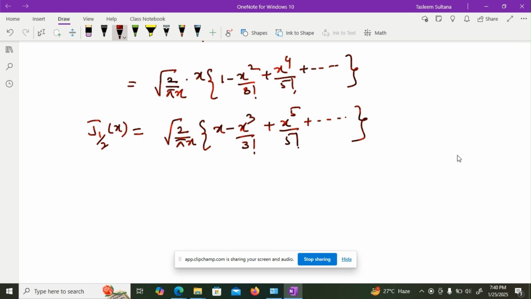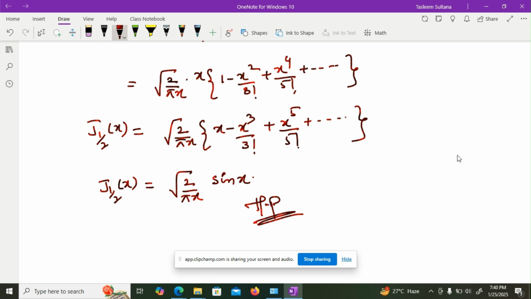Now this series is known as the sine expansion. So J of half of x is equal to root 2 by pi x into sine x. What they asked you to prove, we have shown: J of half of x is equal to root 2 by pi x into sine x.